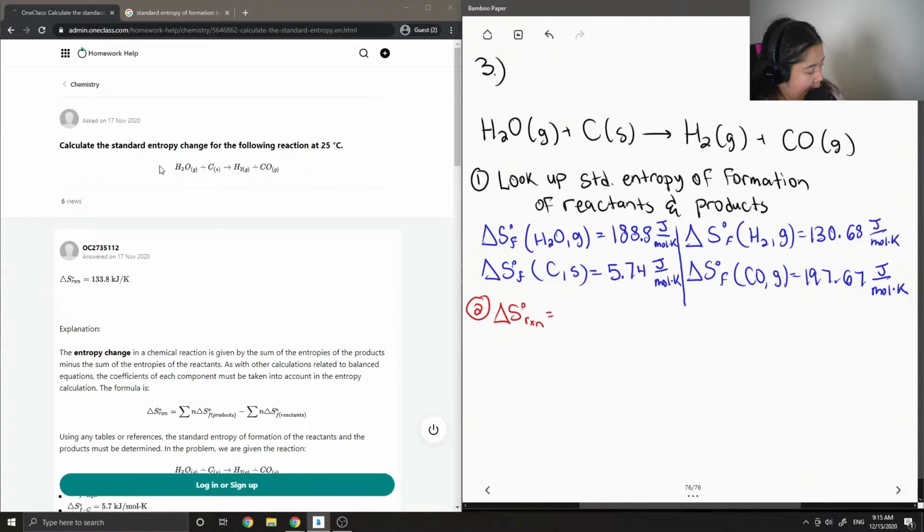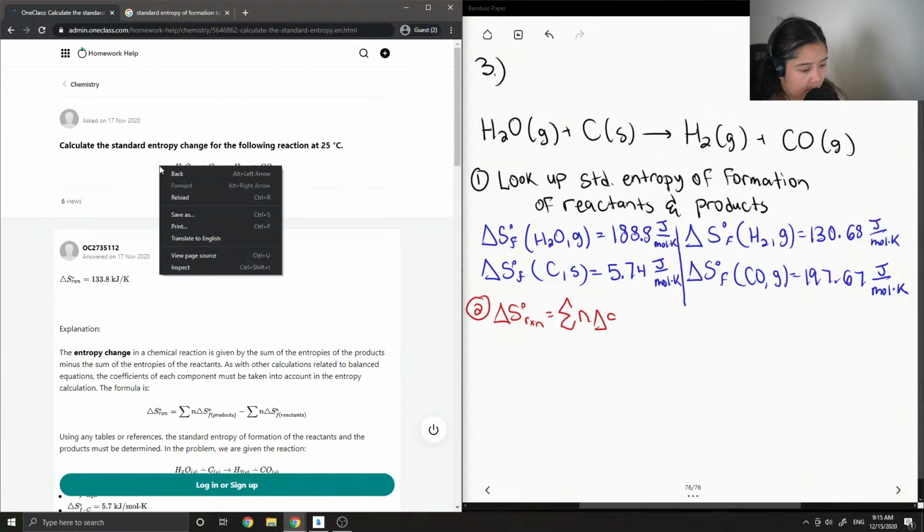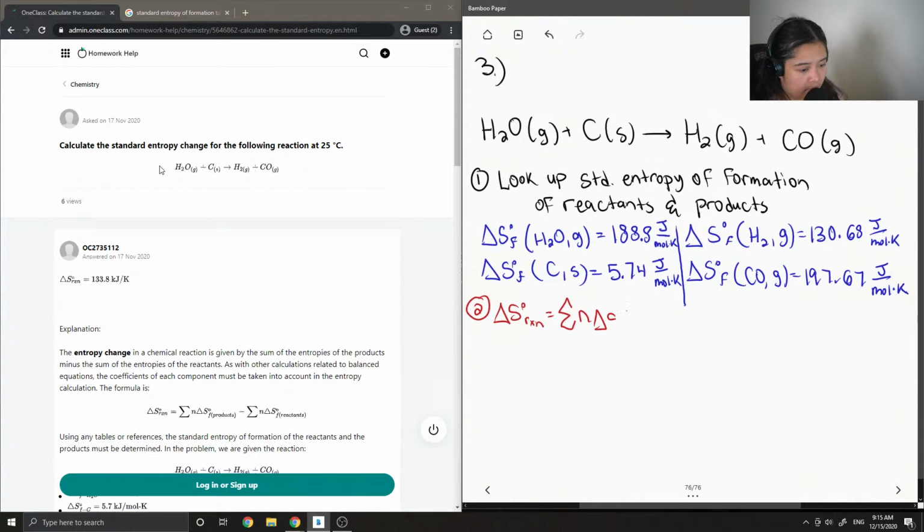Delta S of the reaction is equal to the sum of the delta S of formation of our products minus the sum of the delta S of formation of our reactants.